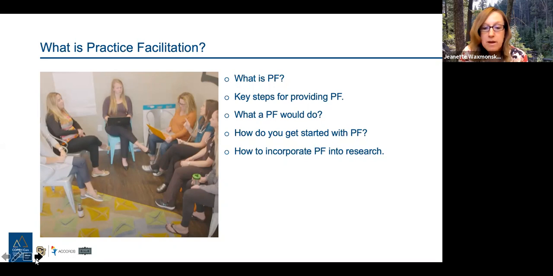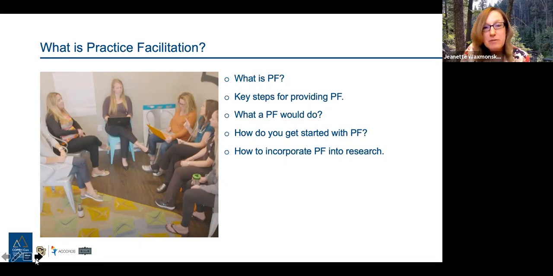How flexible are your practice facilitation methods? Can you provide extra support for specific practices that need it? What are your metrics for practice facilitation? What's your data collection methodology, and what's your reporting structure to the research team and to the practices? So those are some things you need to think about as you're starting to incorporate practice facilitation into research.